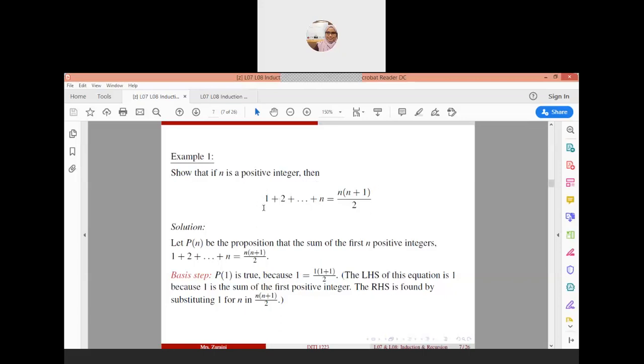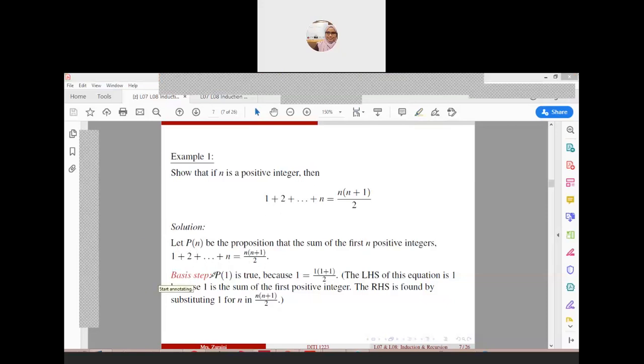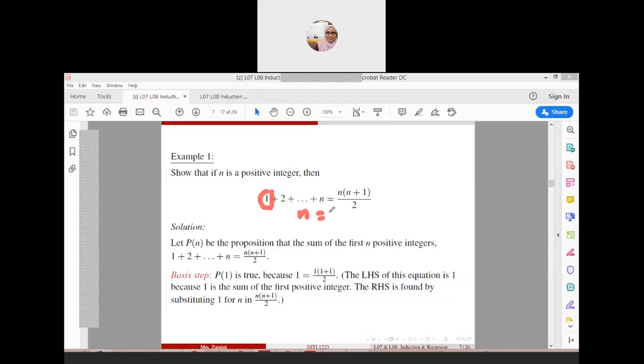By using the mathematical induction just now, we know that first we have to prove by using the basis step, which is P(1) is true. So we know that n is a positive integer. The smallest integer in the positive integers will be 1. So P(1) is true because 1 is equal to 1(1+1)/2.